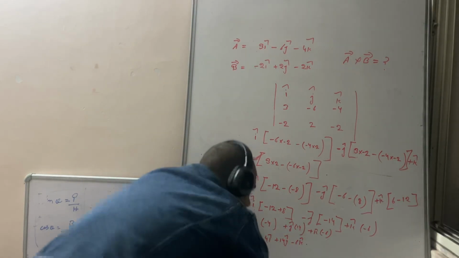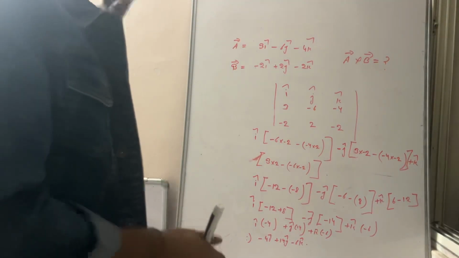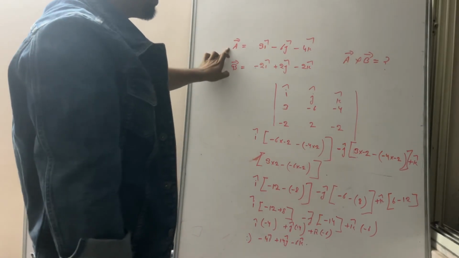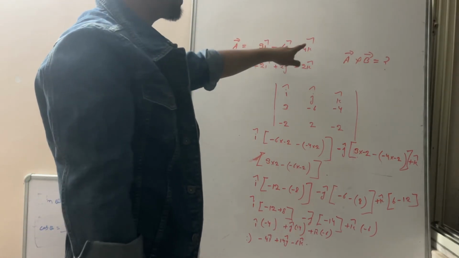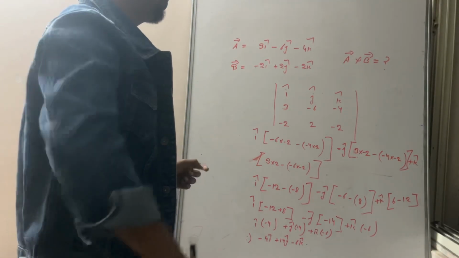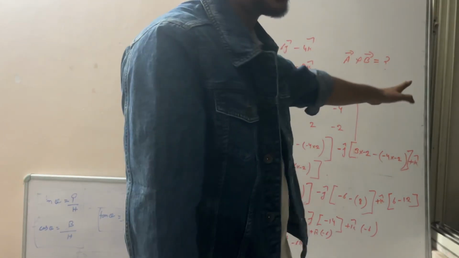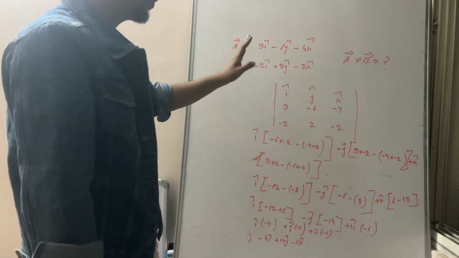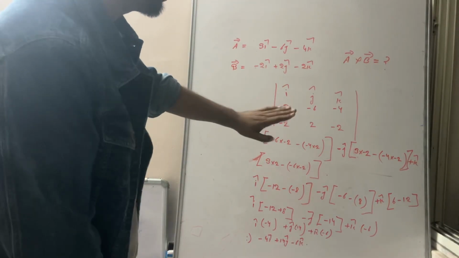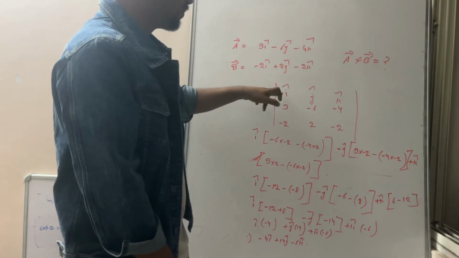Let me repeat it again. We have two vectors, A and B. Vector A is 3i minus 6j minus 4k, and vector B is minus 2i plus 2j minus 2k, and we have to find A cross B. To find the cross product, we make a table of I, j, k and write down the numbers.